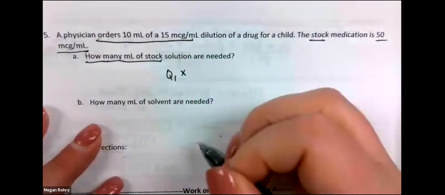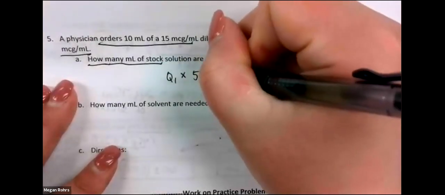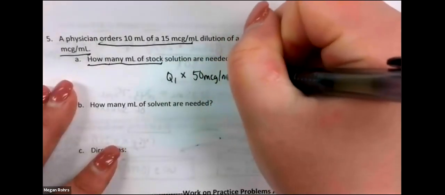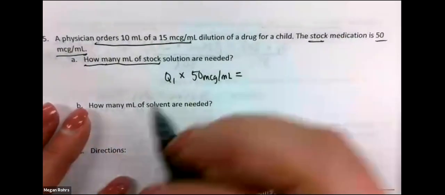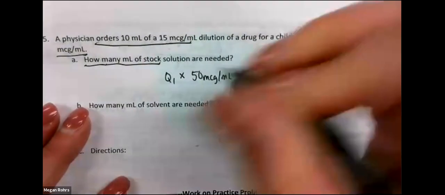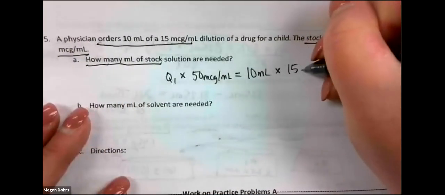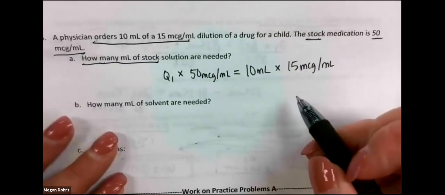So the concentration of my stock, once again, was 50 microgram per mil, and we're going to set that equal to the order. So the quantity of 10 mils times the concentration of 15 microgram per mil.